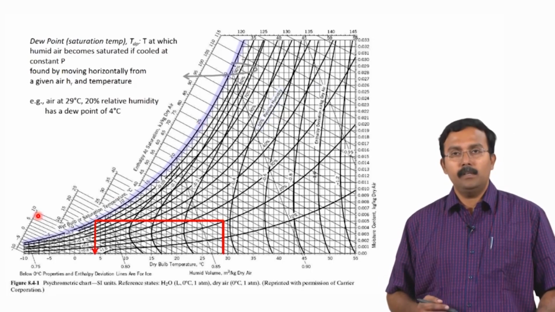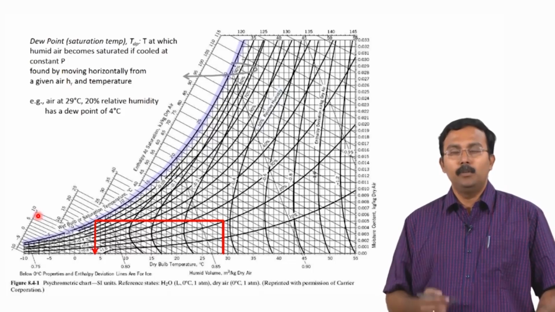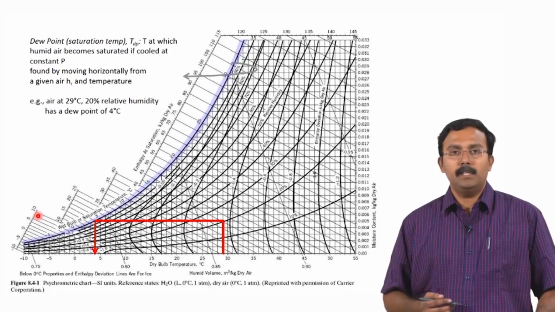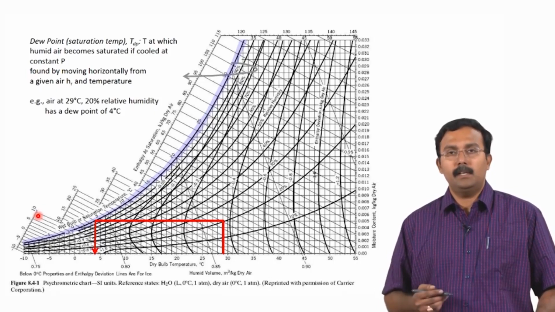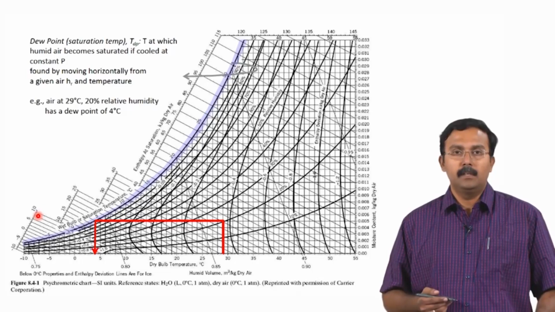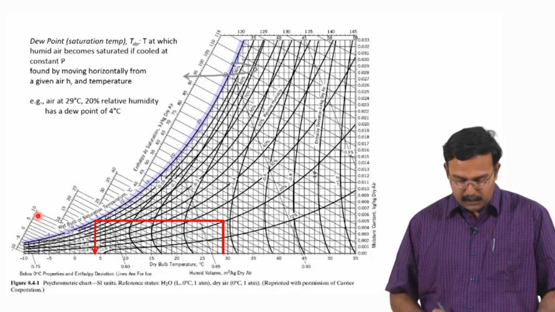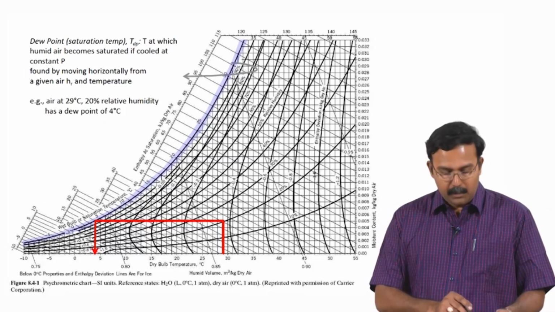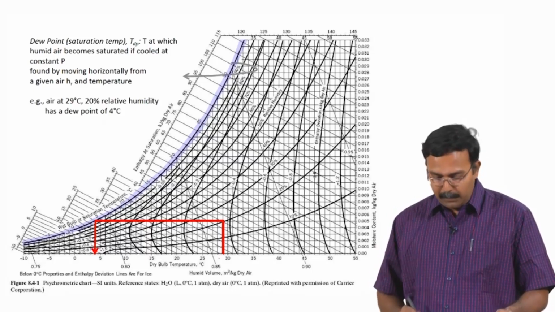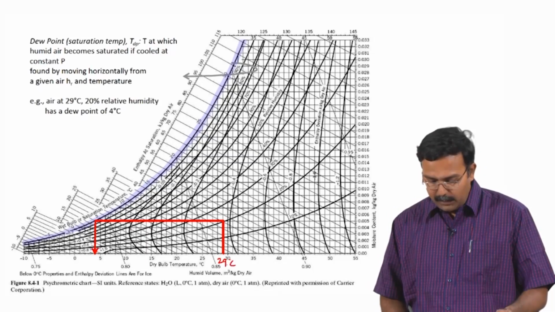The next information you can get from this is dew point. Dew point or saturation temperature is the temperature at which humid air becomes saturated if cooled at constant pressure. This is basically found like this. Take the example here, which is 29 degrees Celsius and 20% relative humidity. So, this is 29 degrees Celsius.